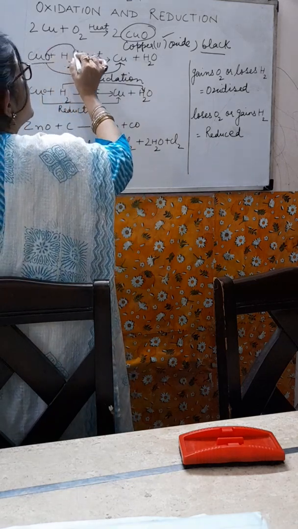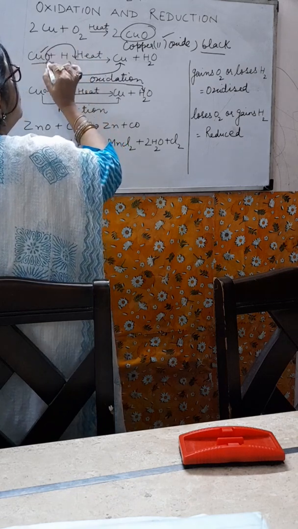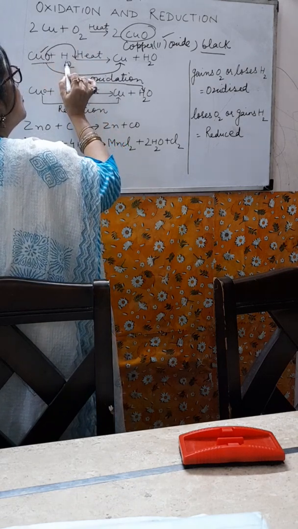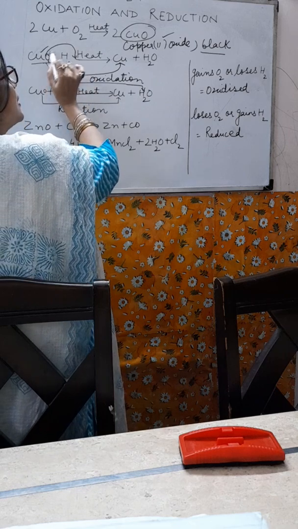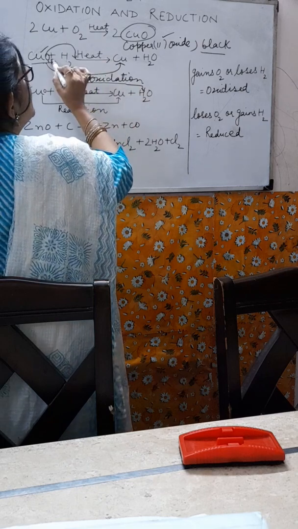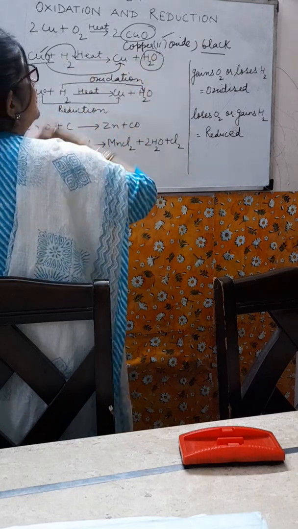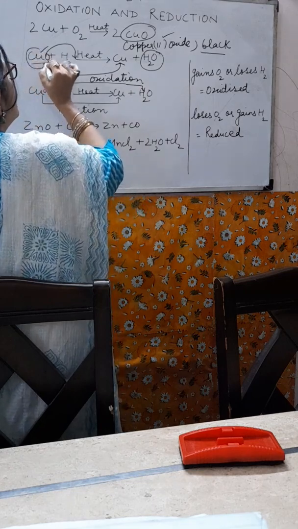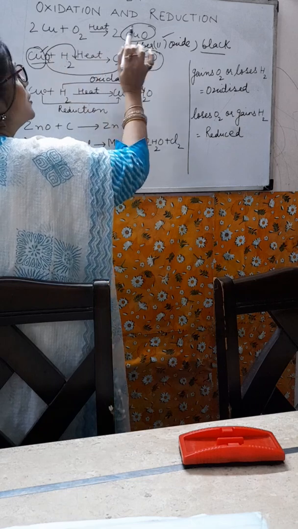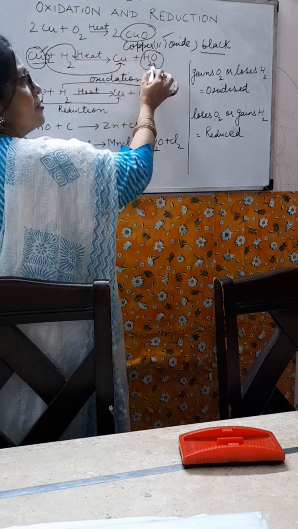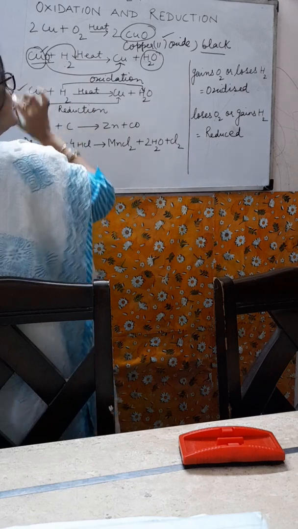Where will this oxygen go? Here. This copper oxide will lose oxygen and this hydrogen will gain this oxygen. It will come here and form H2O as the product, and the copper is left alone. It left the oxygen and gave it to hydrogen.